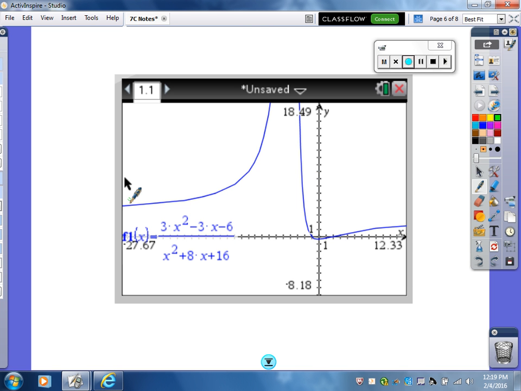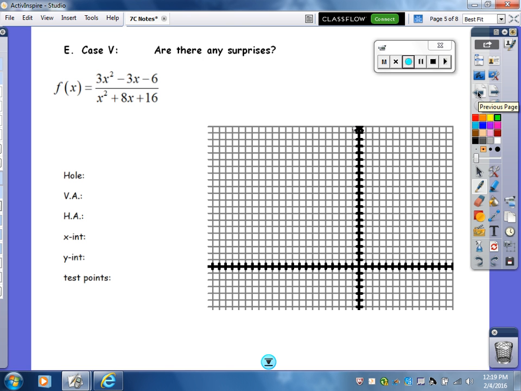All right, what's special about this is making this particular one do this. Let's look at when we factor this thing. So let's go back and factor it. Let's factor the numerator. If I pull out a GCF of 3, that's going to leave me with x squared minus x minus 2 over the bottom. What multiplies to give you 16 but adds to give you 8?